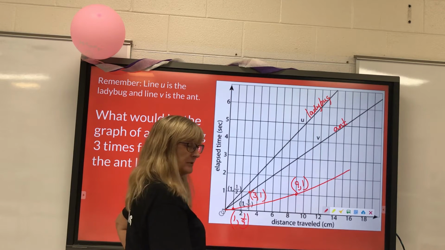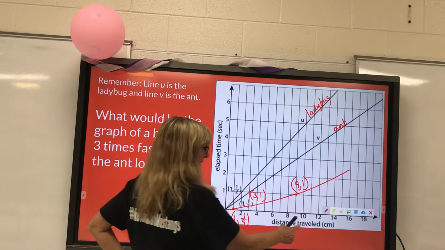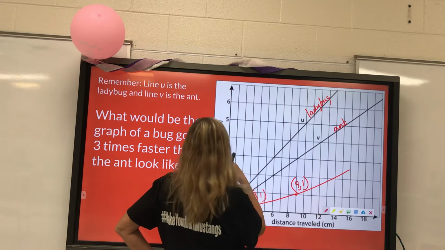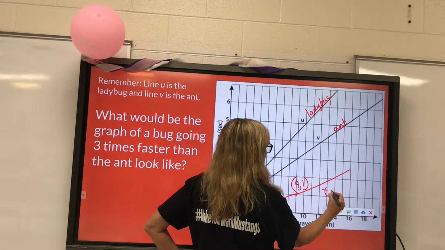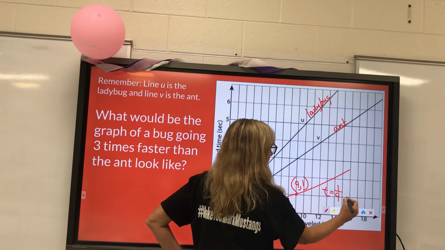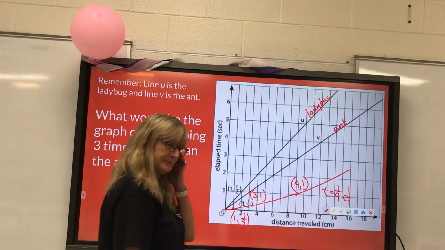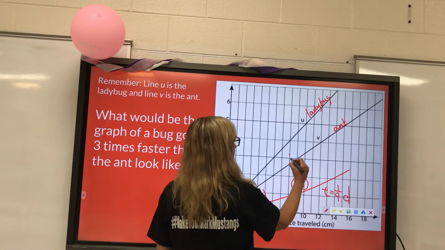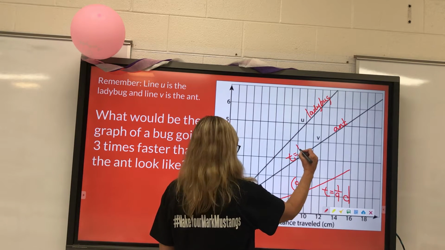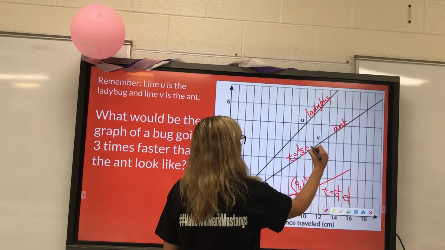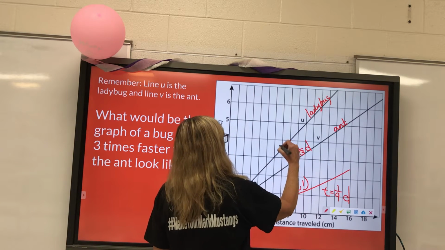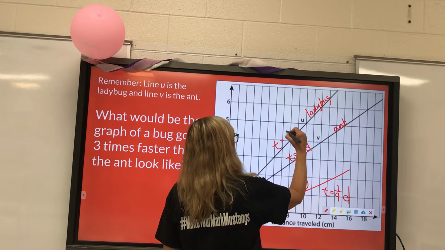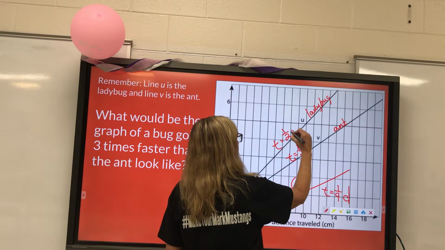So the equation for the new bug would be time equals 1/9 d. This one was time equals 1/3 d, and this one was t equals 1/2 d.